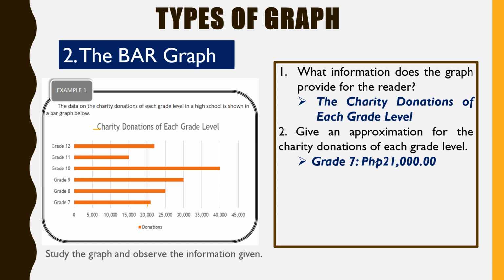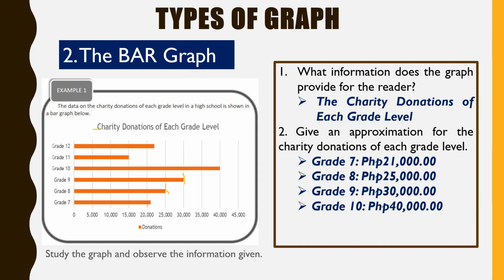So it's 21,000 approximately. For grade 8, it is exactly on this line, so it is exactly 25,000 pesos. For grade 9, it is 30,000. And for the grade 10 students, the total donations is 40,000 pesos.